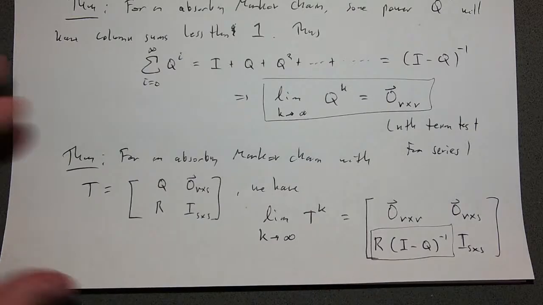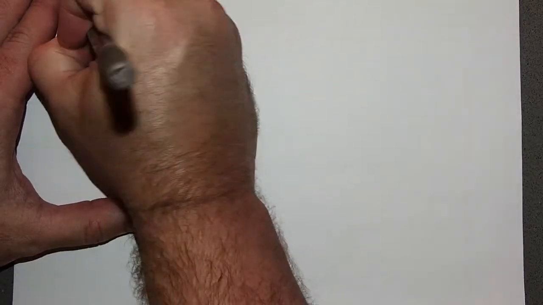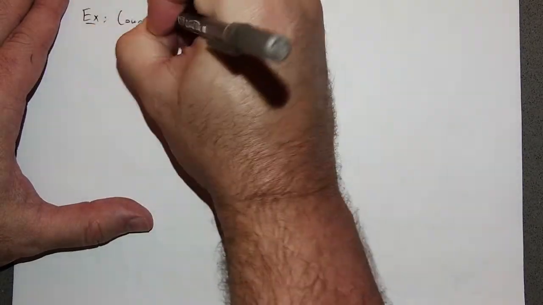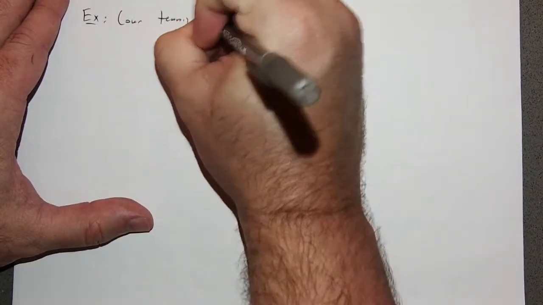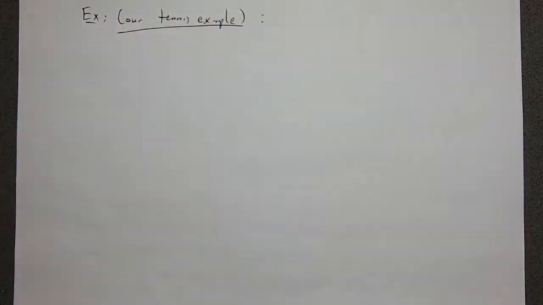So let's go back to our example and apply this theorem. Our tennis example from earlier. In our tennis example, we had all of these quantities. So just to remind you, there we go.